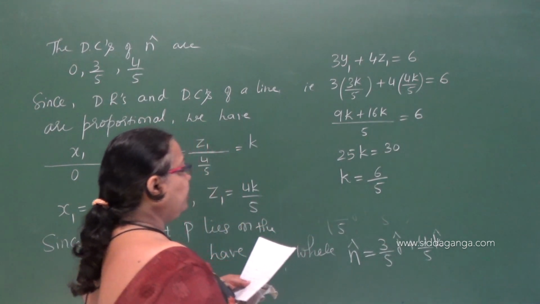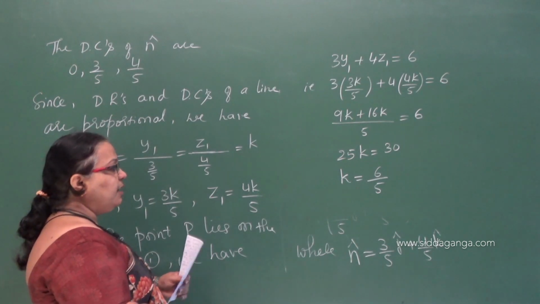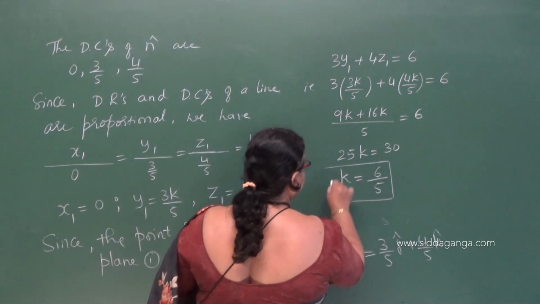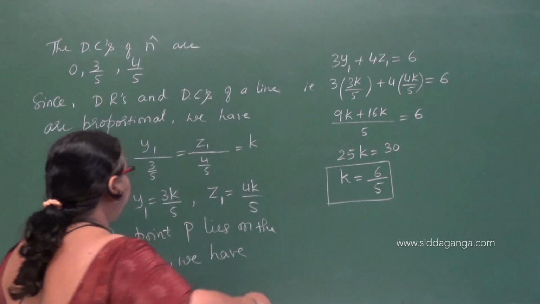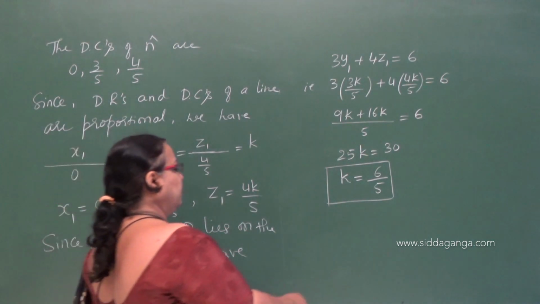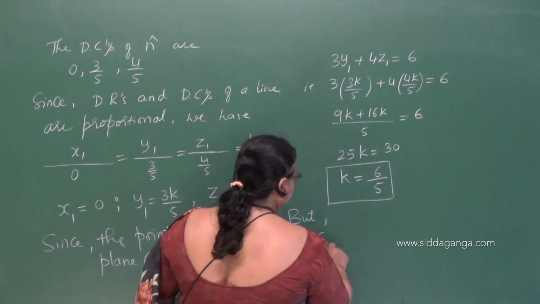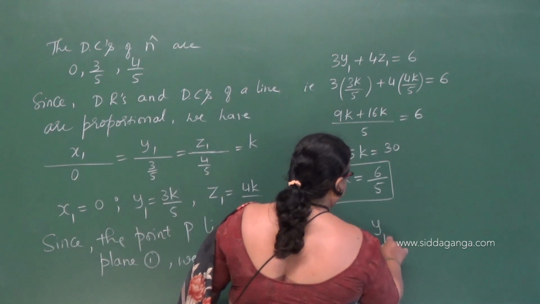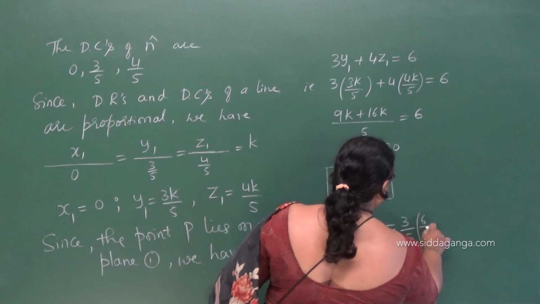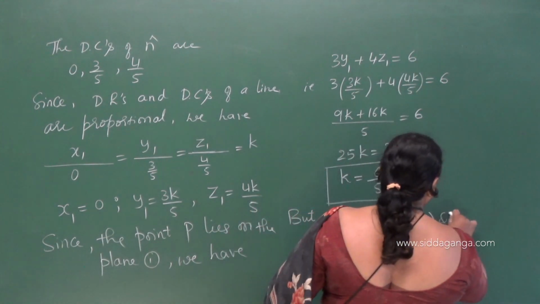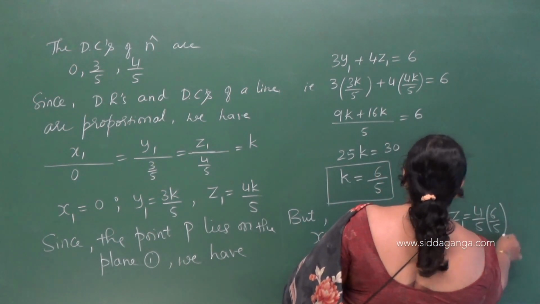What does k equal? Dividing by 5: 5 6s are 30, 5 5s are 25. Now this is the value of k. Now you write x1, therefore x1 equal to 0, y1 equal to 3 by 5 into the k value 6 by 5 and z1 equal to 4 by 5 into the value of k 6 by 5.